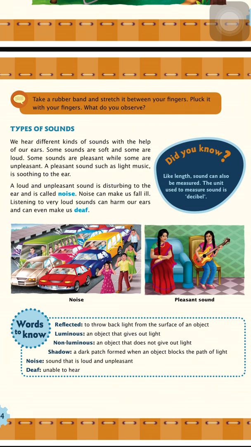Soft sounds are the sounds that are pleasant to hear, very soft and melodious sounds that we can hear continuously by our own choice. But loud sounds are unpleasant sounds that are very harsh.